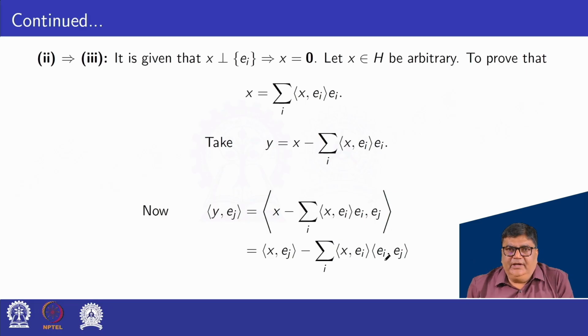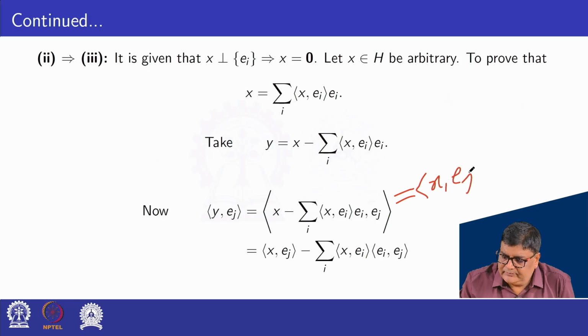So, meaning of this is the inner product of x and EJ plus the inner product of the summation over I of x, EI, and EJ.